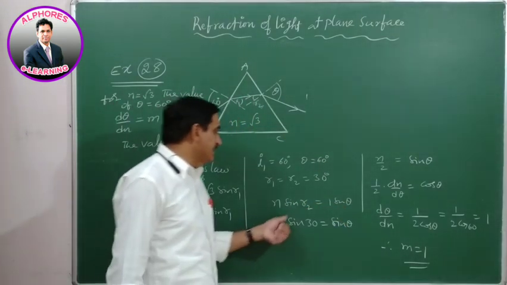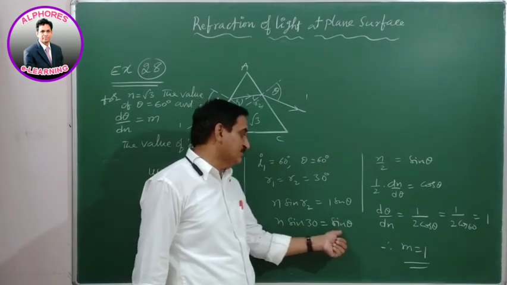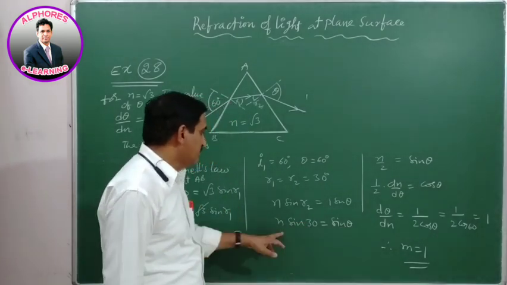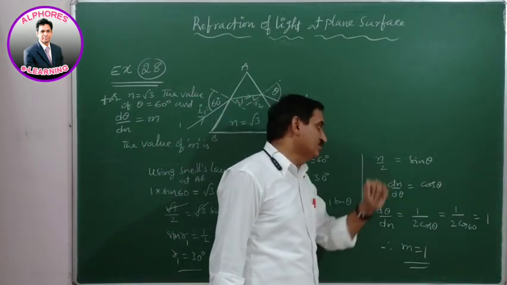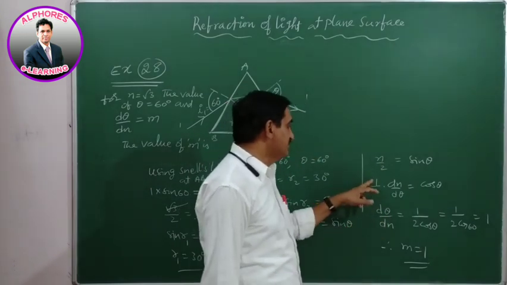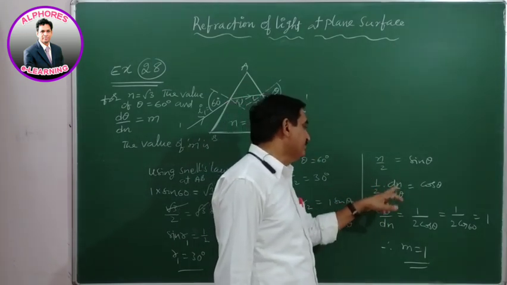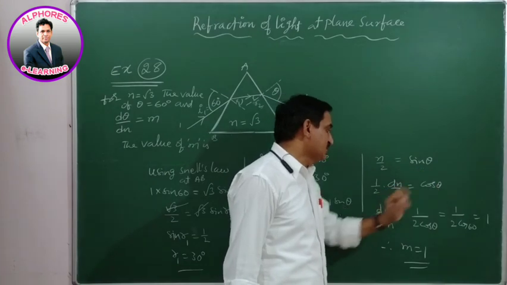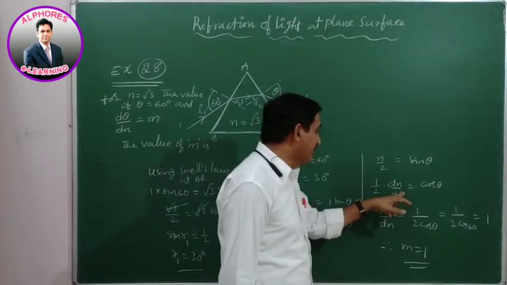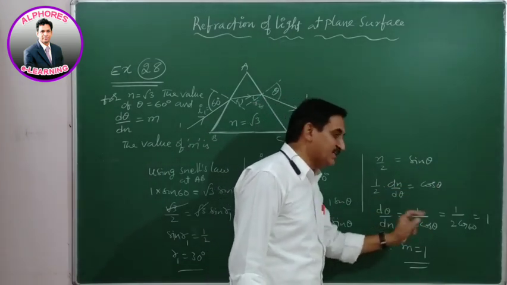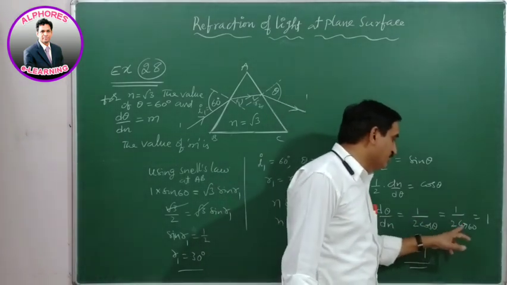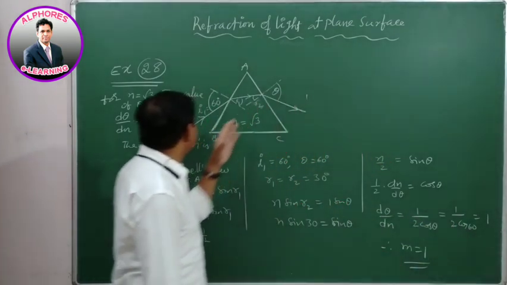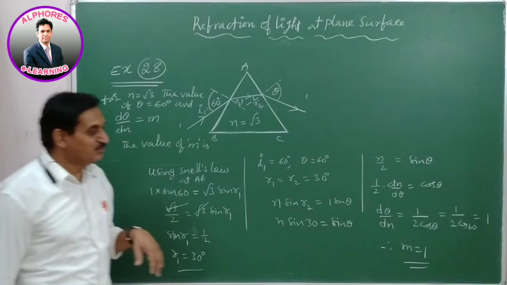Now n into sine r2, with r2 equal to 30 degrees, equals sine theta. Simplifying this, n by 2 is equal to sine theta. Differentiating, 1 by 2 dn by d theta equal to cos theta. Then d theta by dn is equal to 1 by 2 cos theta, with theta 60 degrees given when n is equal to root 3.